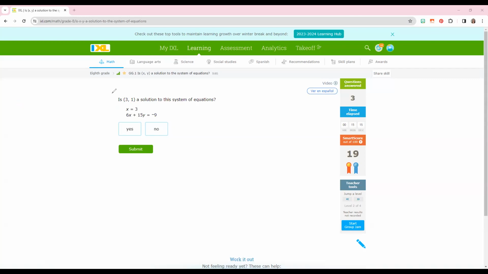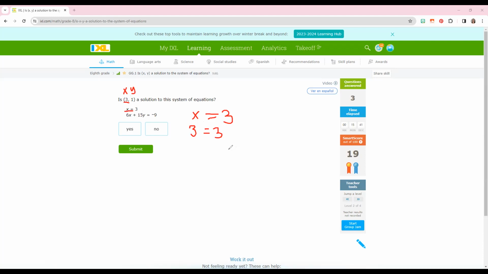Because if we look at our ordered pair, remember the first number is our x and the second is our y. So if we have the equation x equals 3, well, the only variable we have is an x. So we only can substitute our x value. Well, our x value in the ordered pair is 3. So we're going to substitute 3 in for x, and we get the statement 3 equals 3.